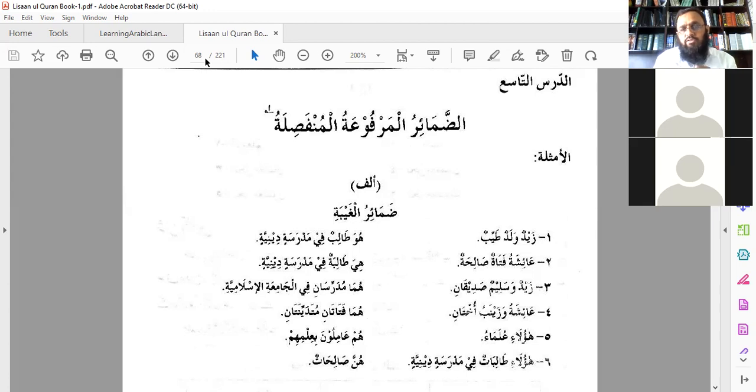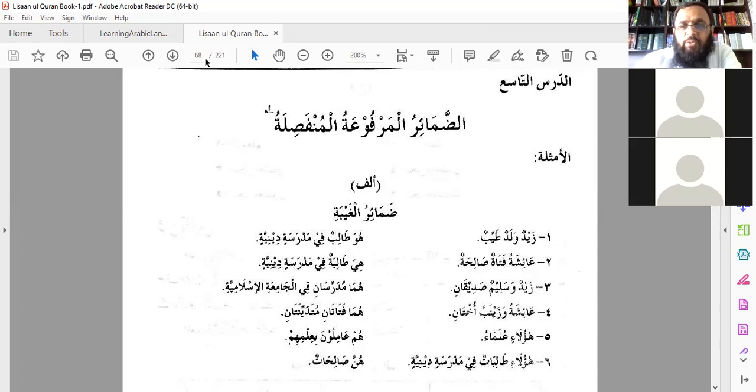So third person singular is he, she, or it, and plural is they. So these are the three persons in English. First person al mutakallim, the second person al mukhatab, the third person al ghaib. Al ghaib means you are talking about someone, he may be present or he may not be present.